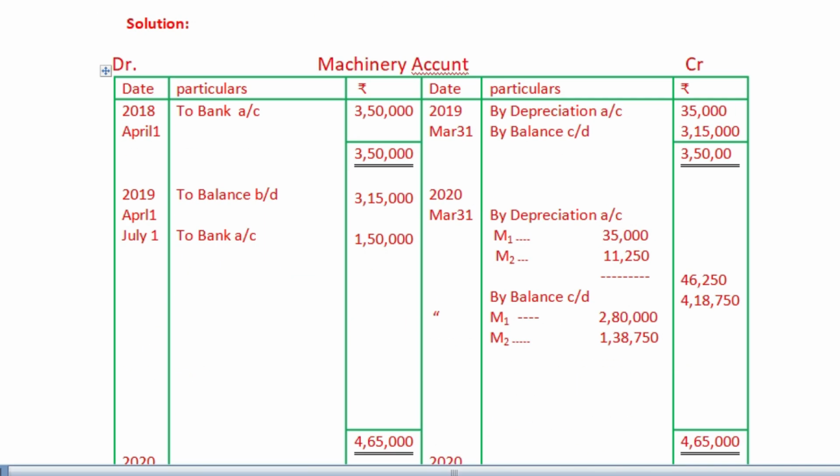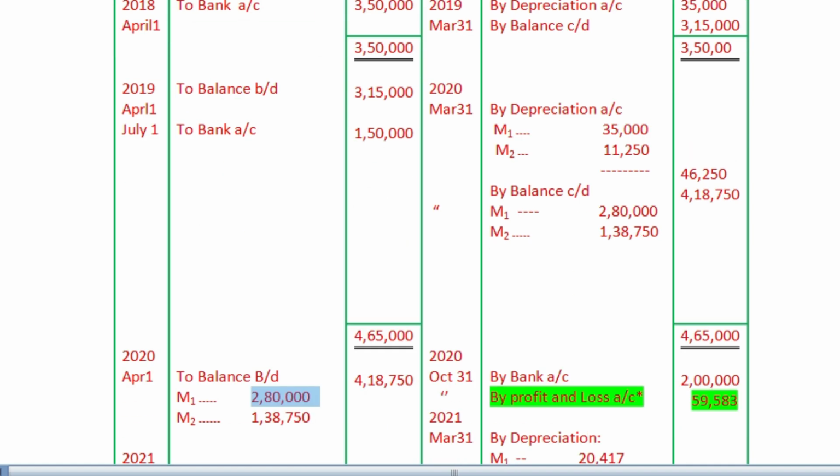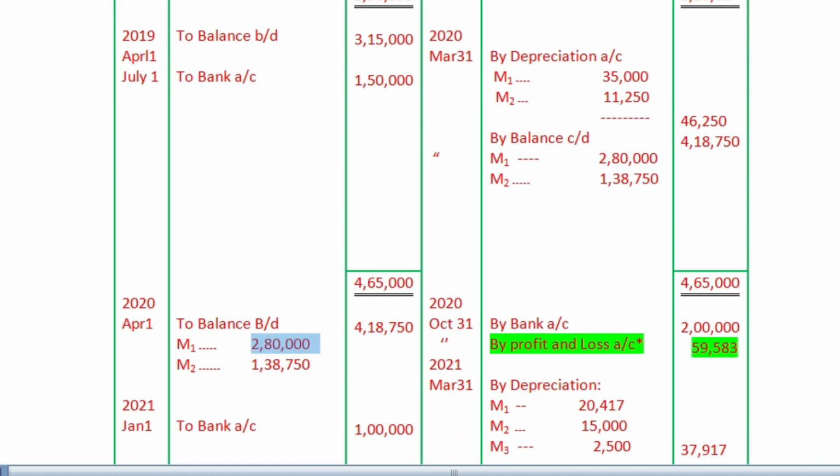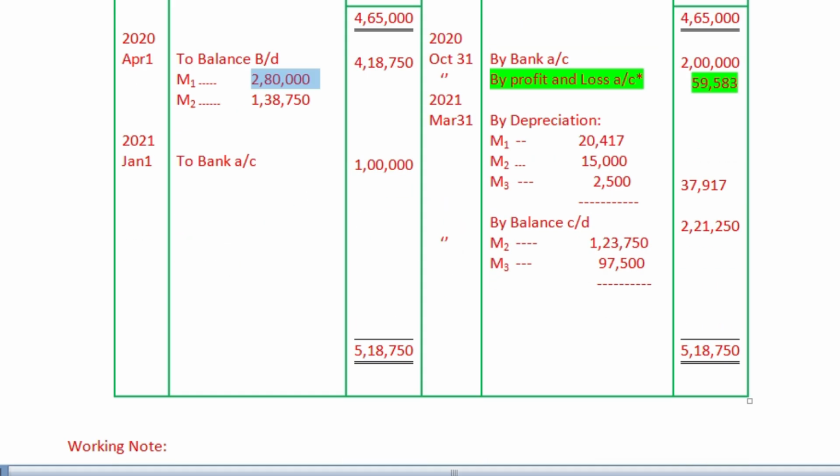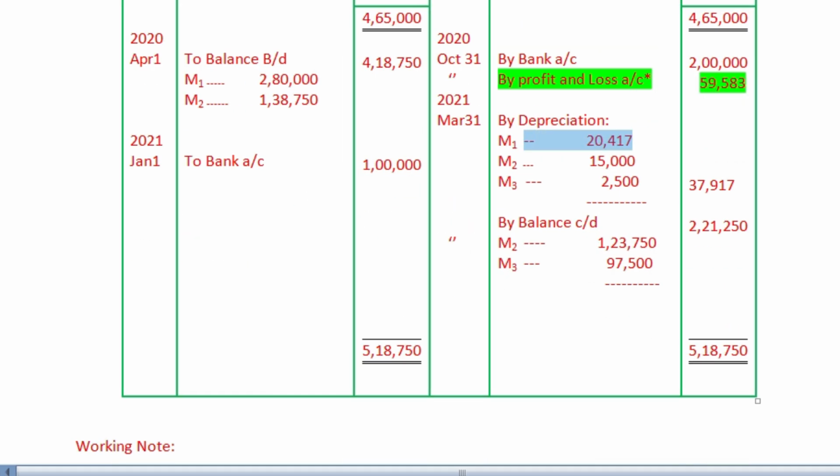Or if you take this 3,50,000, then you deduct first year depreciation, second year depreciation, and third year depreciation. All right, so we can calculate in two ways here.